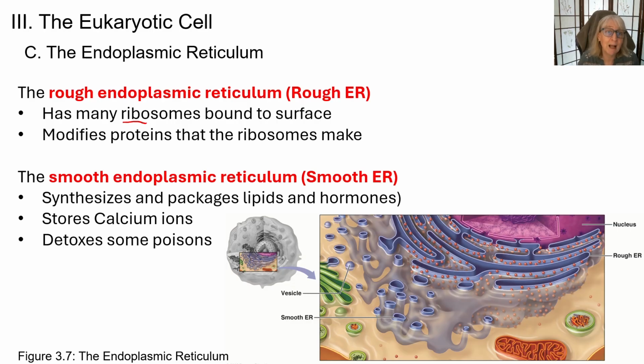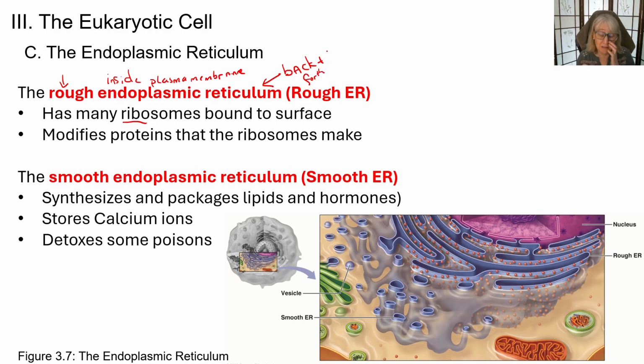The rough endoplasmic reticulum's name is truly the bumpy inside the plasma membrane, and then reticulum means sort of back and forth.